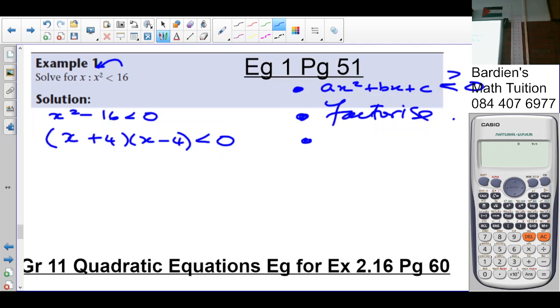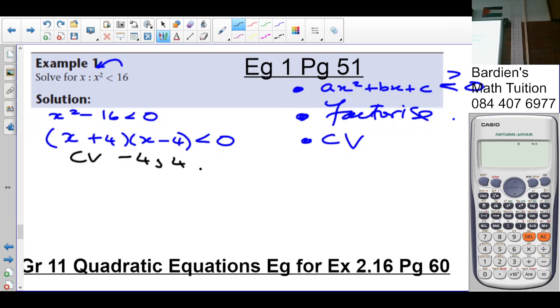Okay. So now your zero factor rule. If that was x plus 4 into x minus 4 is equal to 0, what would the critical values be? For your zero values, what would it be? It would have been minus 4 and 4, not so?